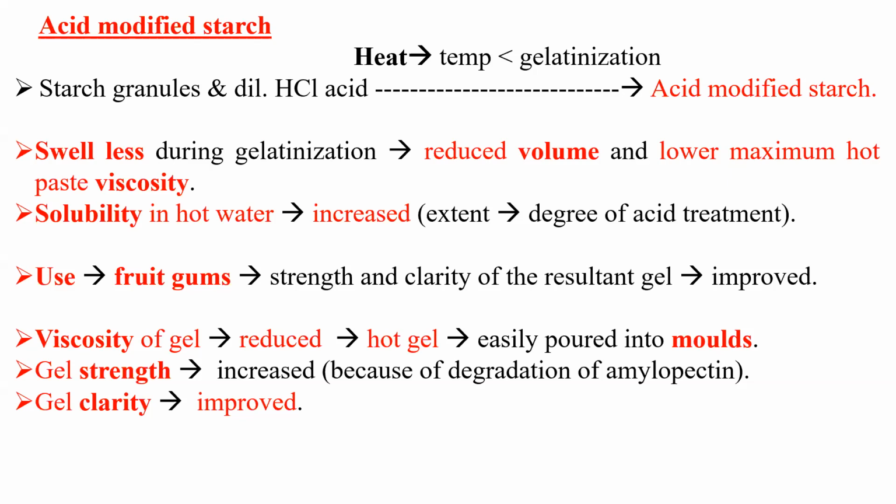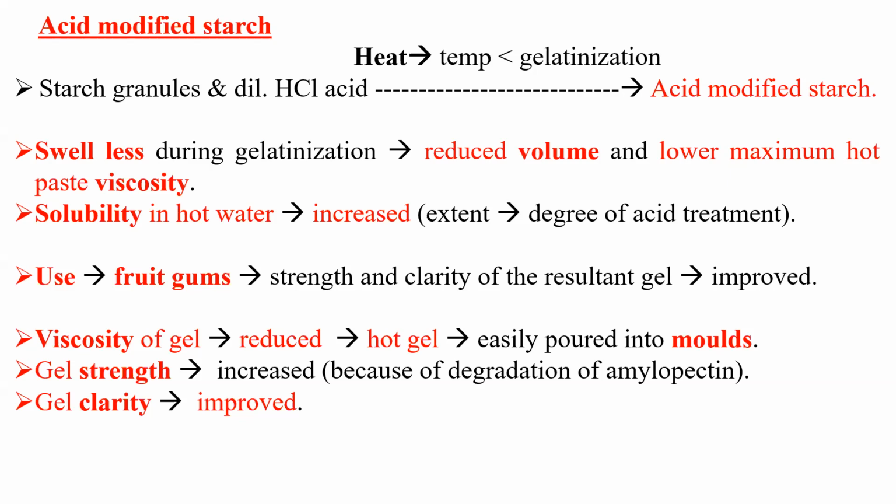This acid modified starch is used mostly for preparation of fruit gums, because the strength and clarity of the resultant gel is comparatively improved.